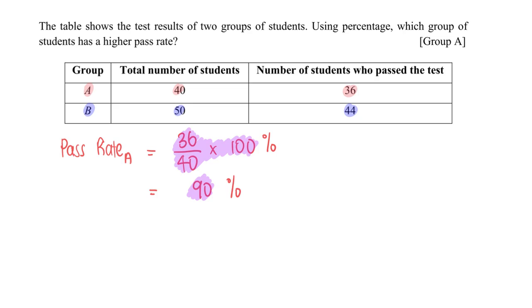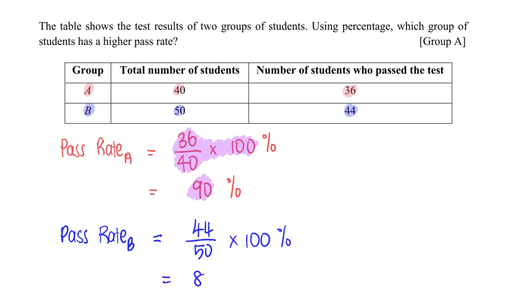B, pass rate B. Although there are 44 students, more students pass actually, but in terms of the percentage, this gives me 88%.